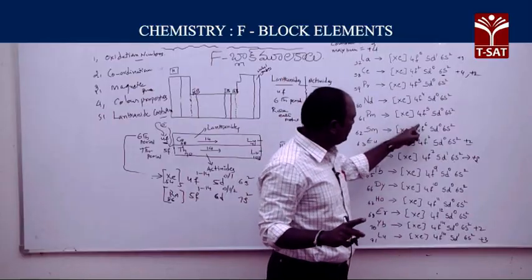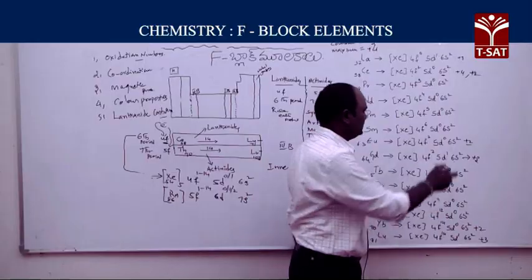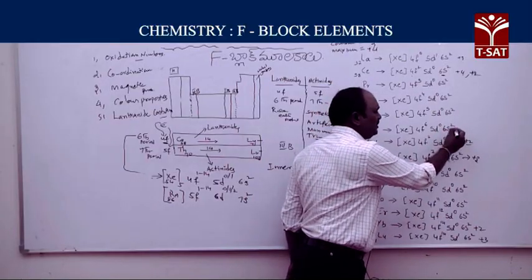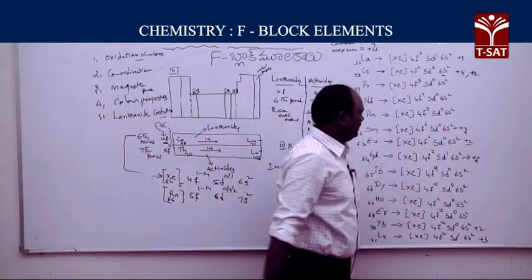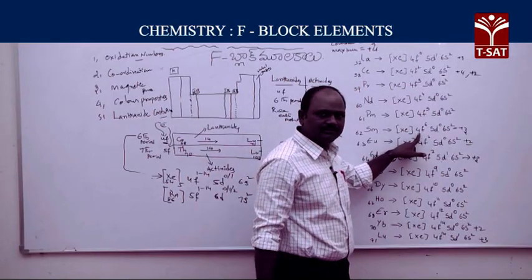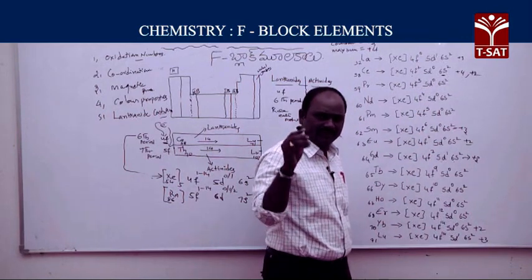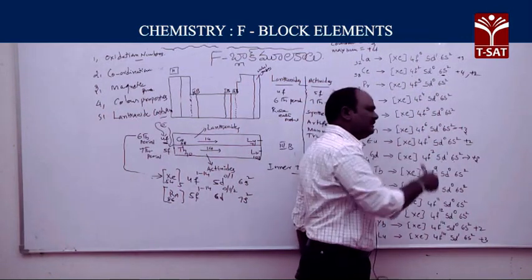But in the case of the f orbital, sometimes you can take samarium here. In this case also you are observing the +3. It means, why is only 1 electron losing from the 4f? Actually there are 6 electrons there, even though it is losing only 1 electron.